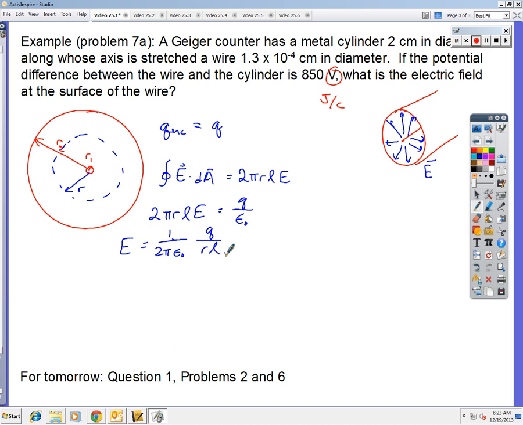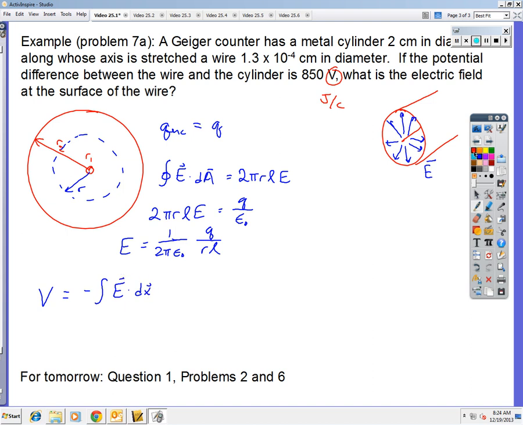And you're thinking, okay, that's wonderful, but we don't know what Q is, we don't know what L is. So how do we get those? And for that we need to use this idea that the potential difference is 850 volts. So we'll look at the potential difference. Potential difference equals negative of the integral of E dot dx.